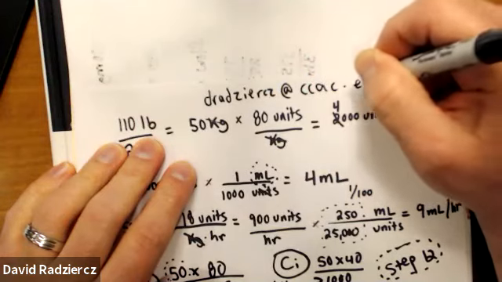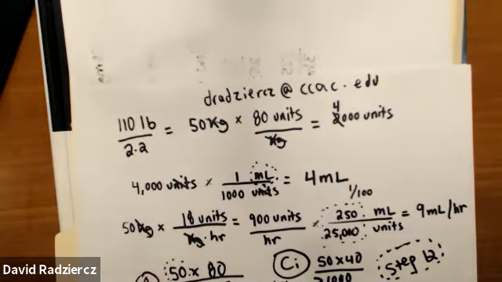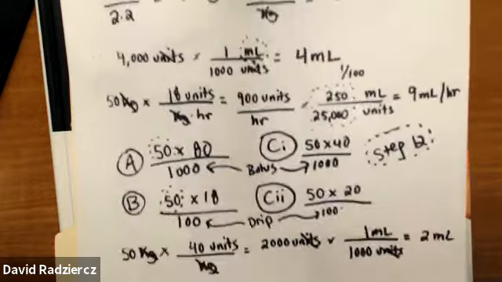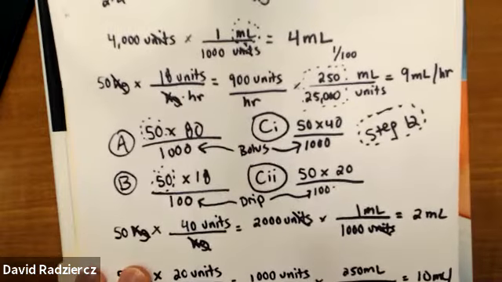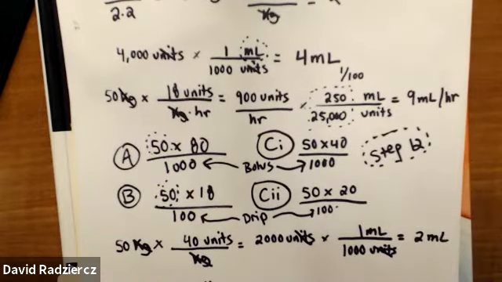Dr. Raz, can you tell me why we didn't round on 1 and 2? Oh, yeah. So you do not round basic conversions when you're staying within the same units. So like if you go from milligrams to grams or micrograms to milligrams, do not round.